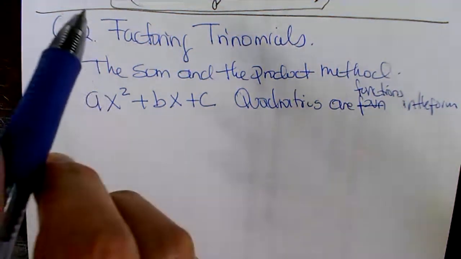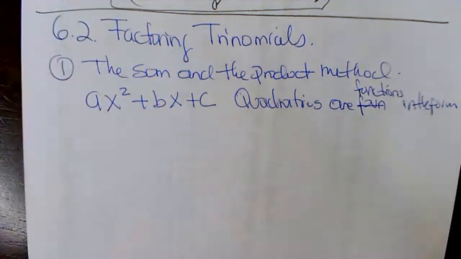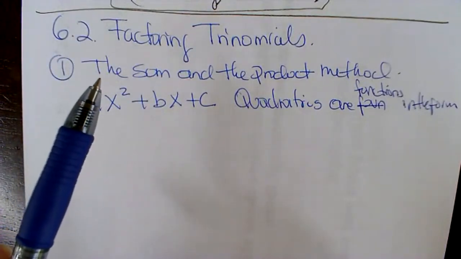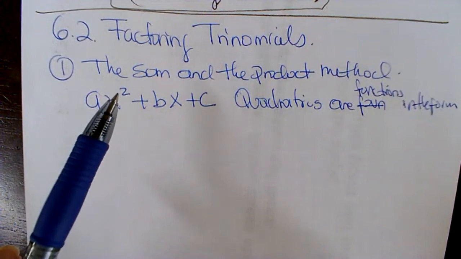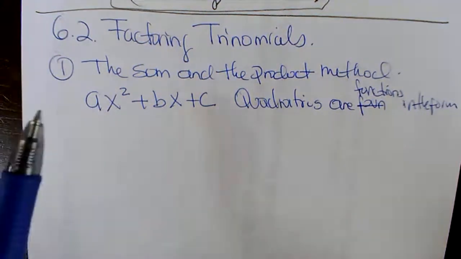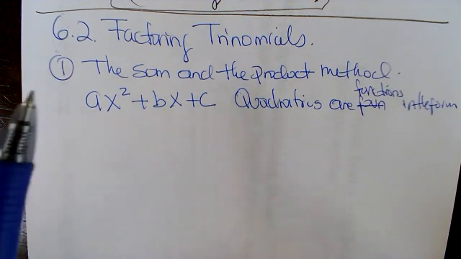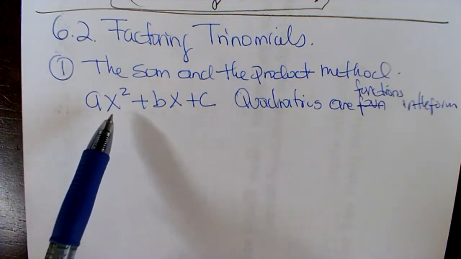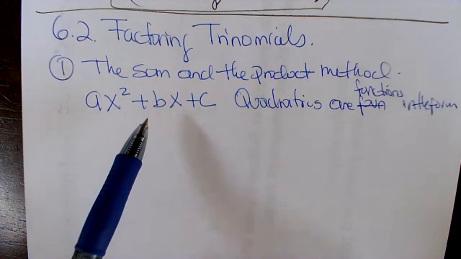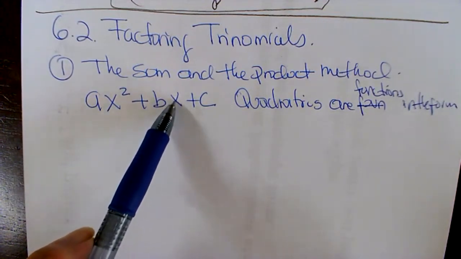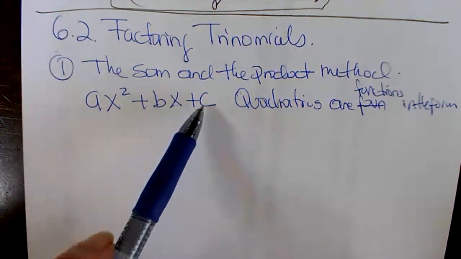In the last part that we were doing by grouping, we were combining like terms, right? It typically didn't matter what order the terms were written. With quadratics, it matters. So you're going to start with the square of the variable. Next is going to be the term with the variable to the power of 1, followed by a constant.